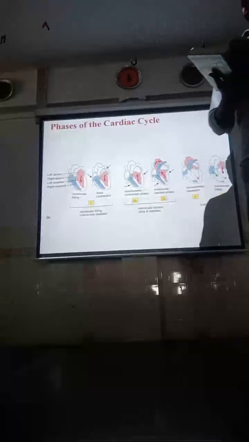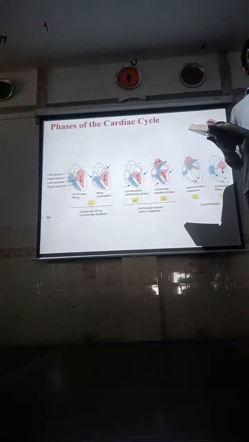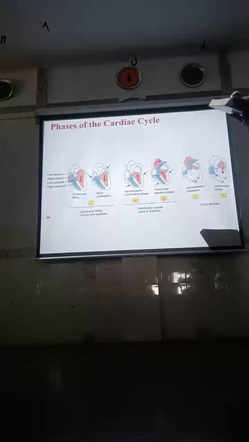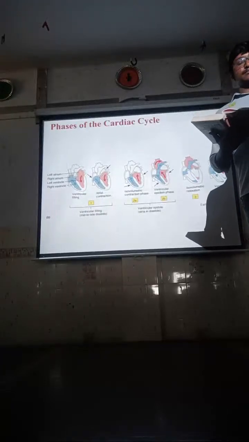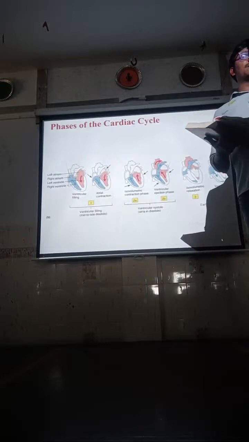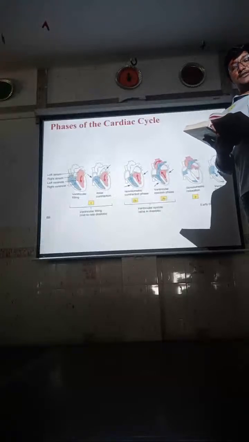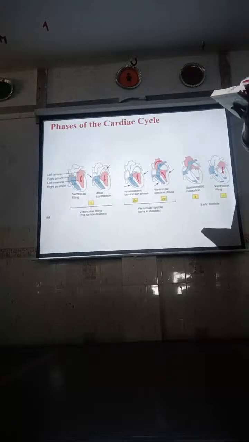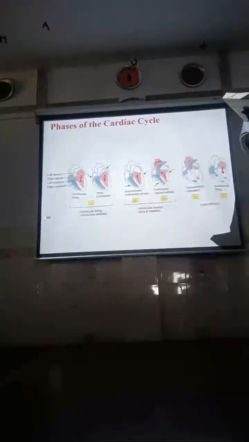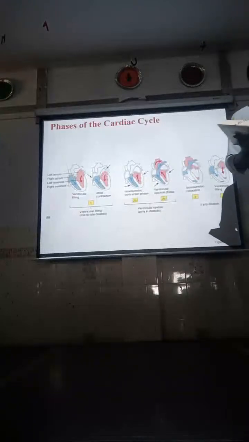Ejection is again divided into two: the rapid ejection period and the slow ejection period. Once these two phases are completed, there is one point called the end systolic volume. So with this we have completed ventricular systole.